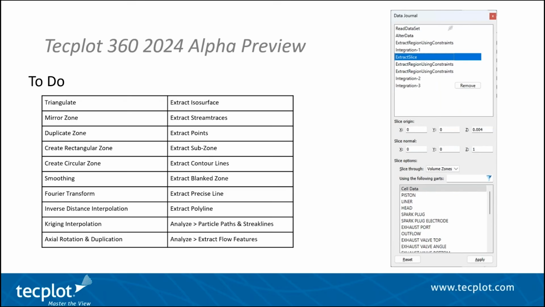So what do we have left? Well, a lot. There are a lot of data operations built into Tecplot 360 that still need to get translated over into this new architecture. In addition to this list, we have other dialogues that we may want to show parts instead of zones. So this is very early on in the development stages, but as you saw in the demo, quite operational.